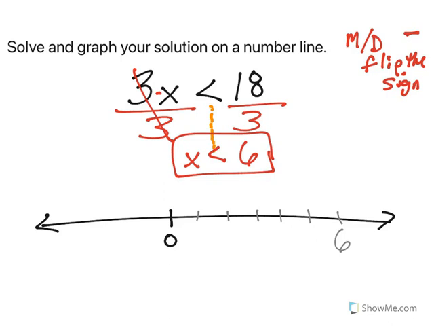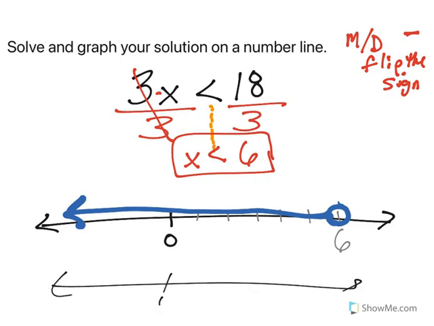That means we're going to start at 6 and we're going to go all the way to the left because everything to the left on the number line is less than 6. Now you'll notice that I put an open circle here. It's open because 6 is not part of the solution. 6 is not less than 6.